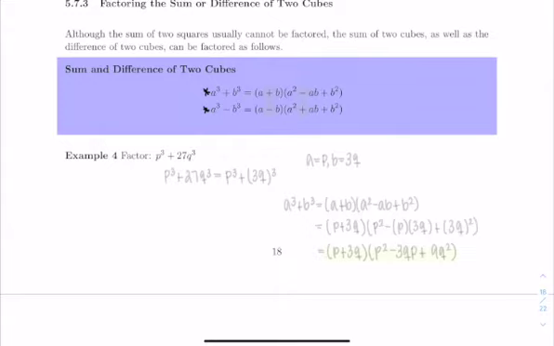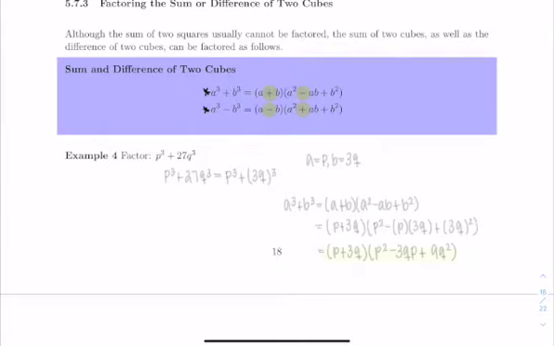So what changes between these two is if the original is a sum of cubes, the first set of parentheses is going to have a plus sign. And then the middle term of the second polynomial is negative, but the rest of it is positive. If we're dealing with a difference of cubes, then the first set of parentheses has a minus sign, and the entire thing has positive in the second polynomial.